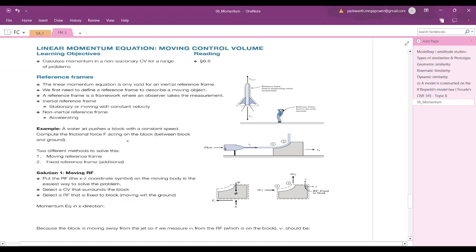Now, two different methods to solve this. What are the two different methods? One is the moving reference frame and another is the fixed reference frame. This is the moving reference frame, and the other is the stationary fixed reference frame.